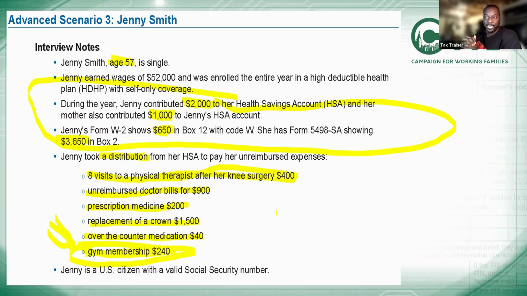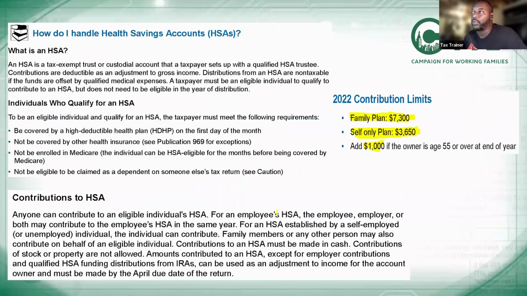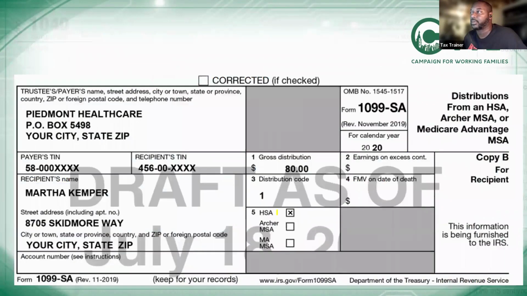Does that make sense? So on their 1099-SA, their distributions would say $3,040. So in here, I'll see 3,040. Does that make sense? So what if this said $4,000 in distributions?